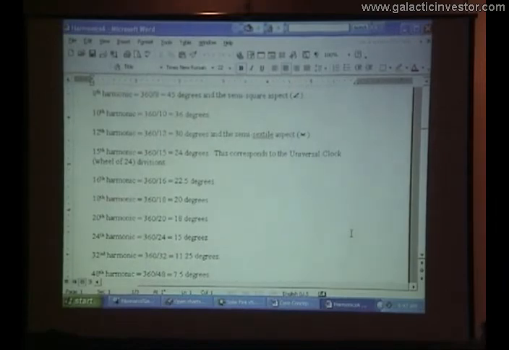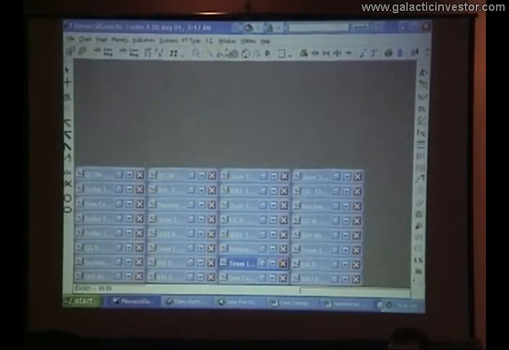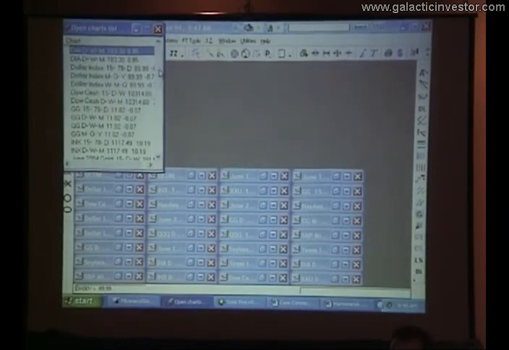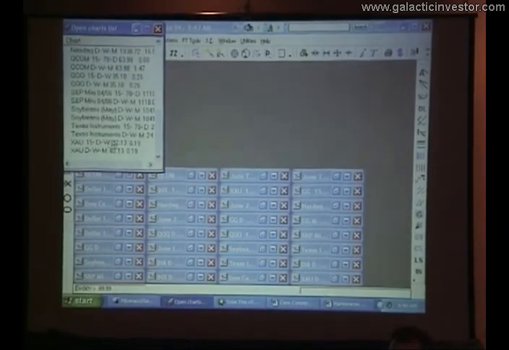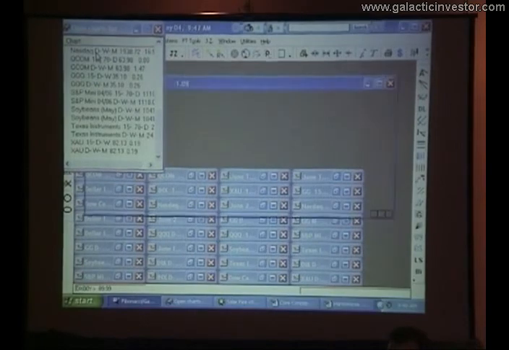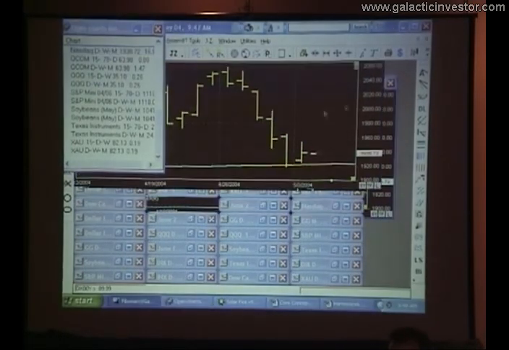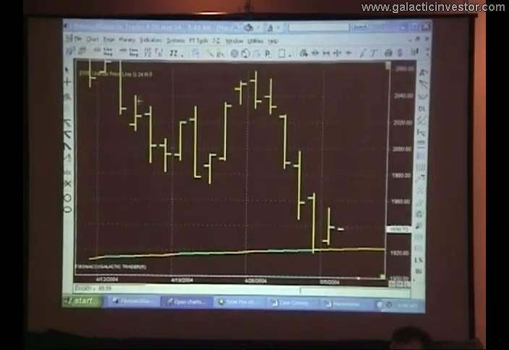And I can show you a chart right now on the NASDAQ, which gave a buy signal on Friday. The settings here are at 24.